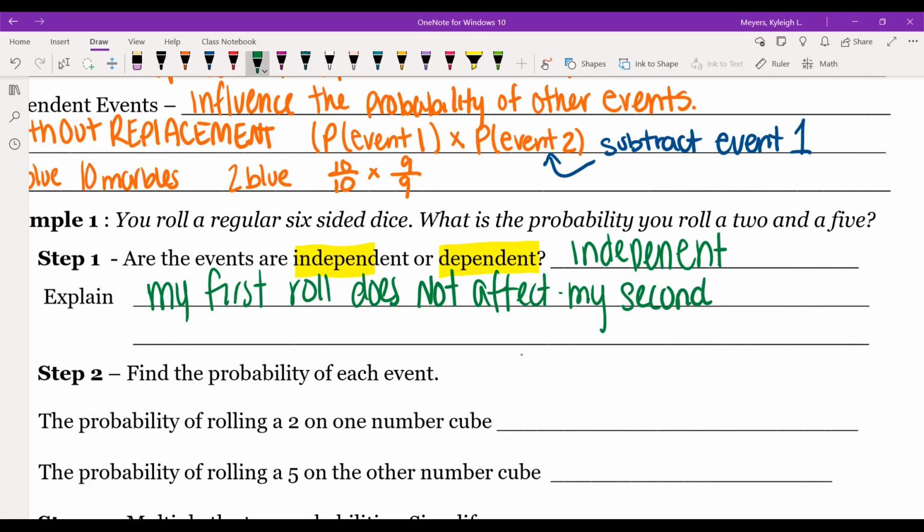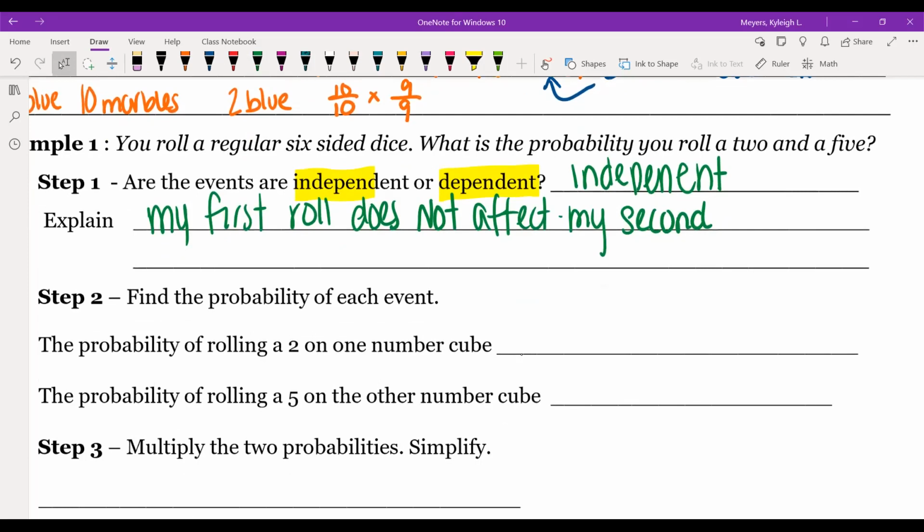So what's the probability of rolling a 2 on a 6-sided dice? Remember, a 6-sided dice has a side that's a 1, a 2, a 3, 4, 5, and a 6. So my probability of rolling a 2 is 1 out of 6. What's the probability of rolling a 5? 1 out of 6.